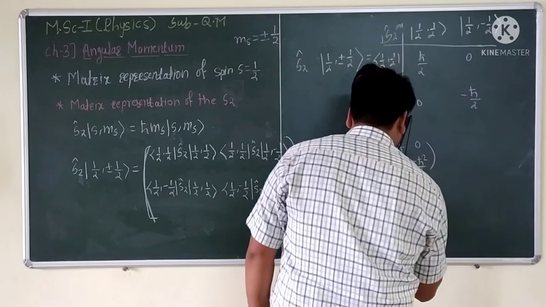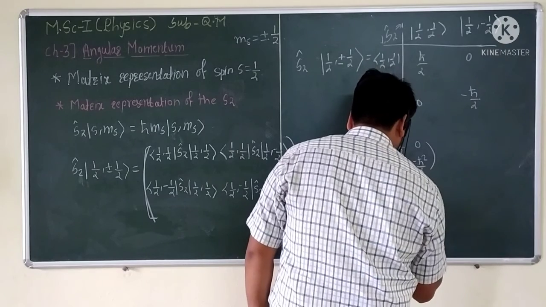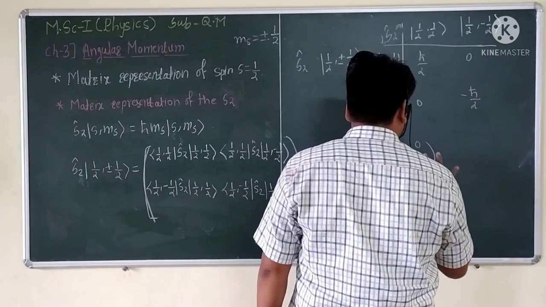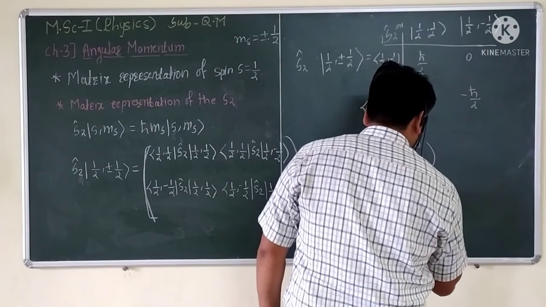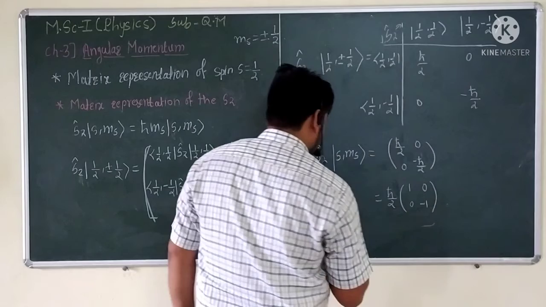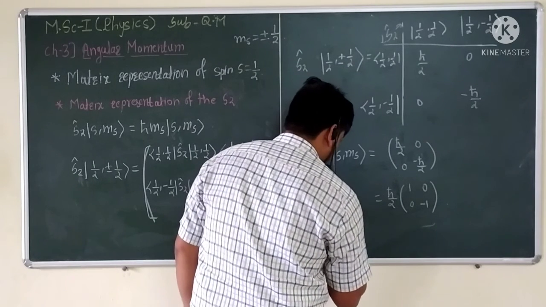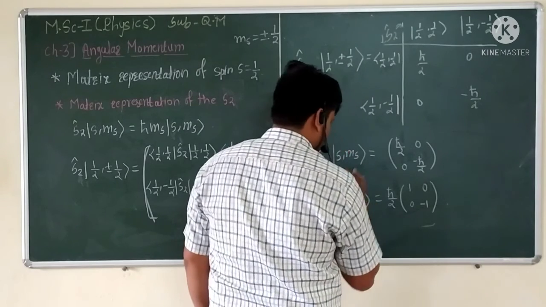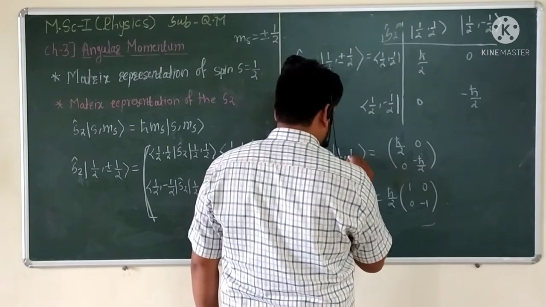Taking h cross by 2 outside, in between the matrix is 1, 0, 0, minus 1. So this is the matrix representation of the Sz cap.